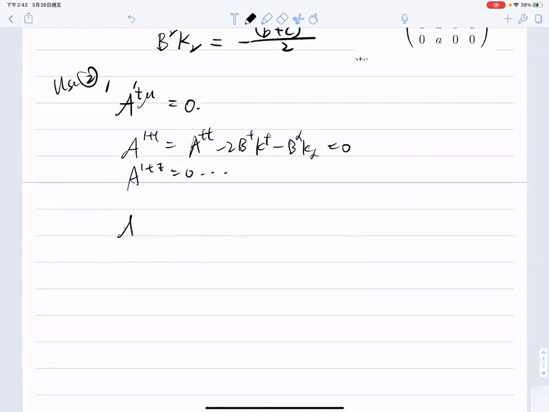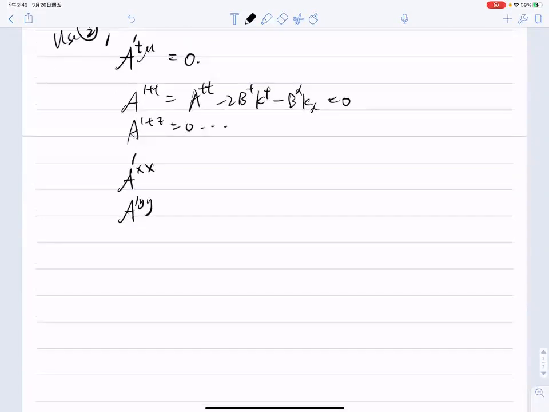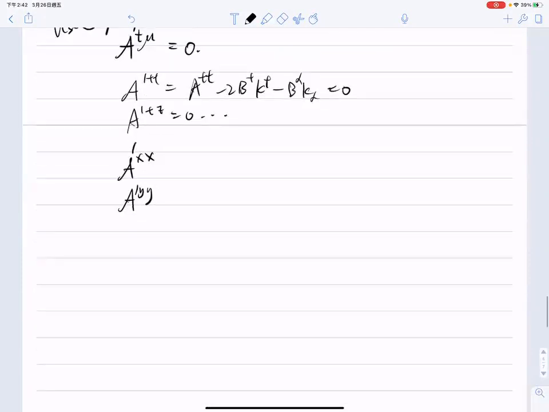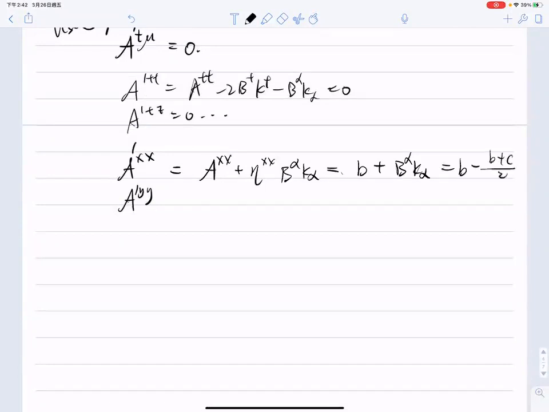And then we have to calculate A prime XX and also A prime YY, which are the center components of the TT gauge after the TT gauge is applied to the gravitational wave. So A_XX, after some simple calculation, we know it is equal to B plus alpha, equal to B minus (B plus C) over 2. Yeah.